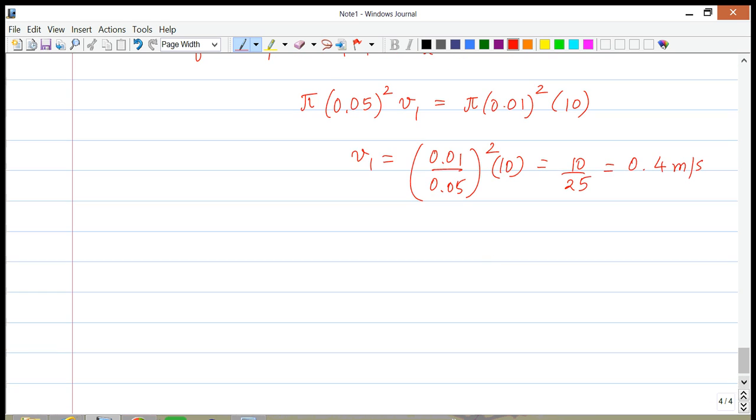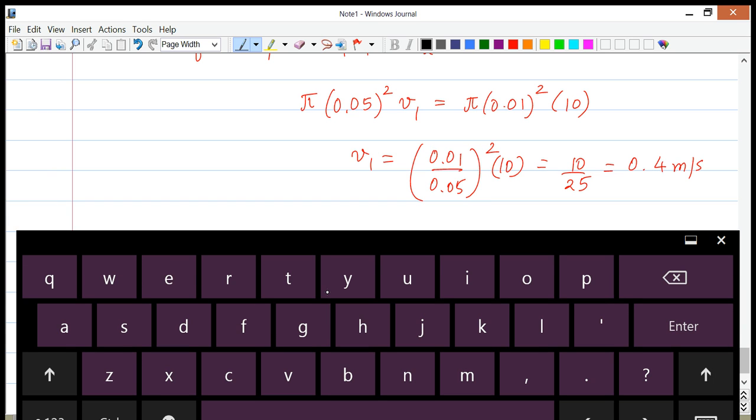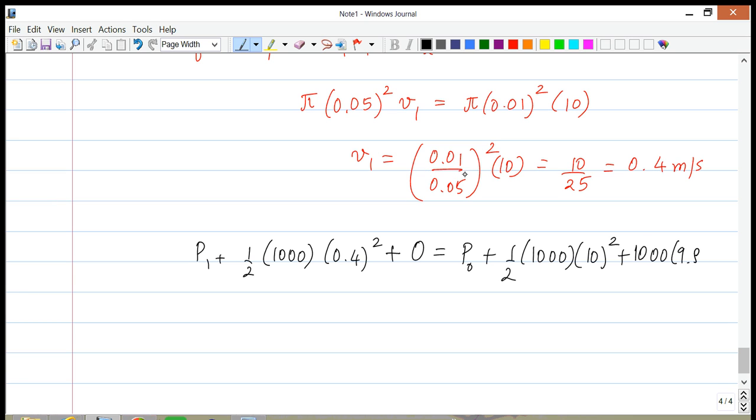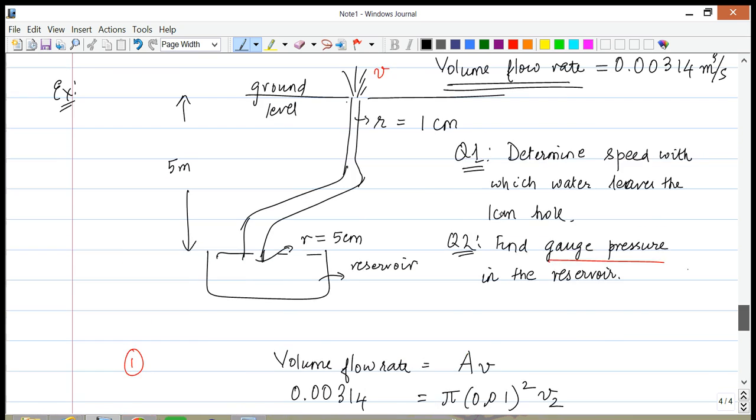Great. Now that we have this, we can substitute everything into Bernoulli's equation, and we end up getting P1 plus 1/2 times 1000 times 0.4 squared plus 0 is equal to P0 plus 1/2 times 1000 times 10 squared plus the rho g h term for the second part, which is 1000 times 9.8 times, how high is it? 5.